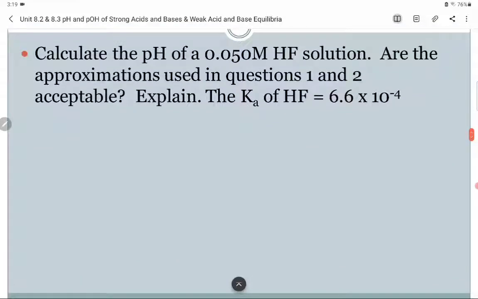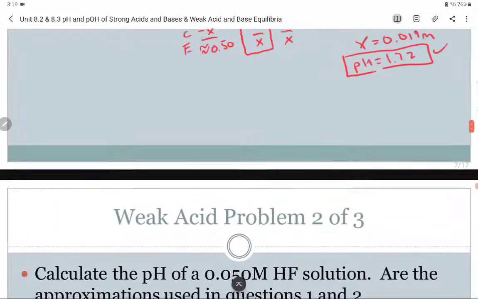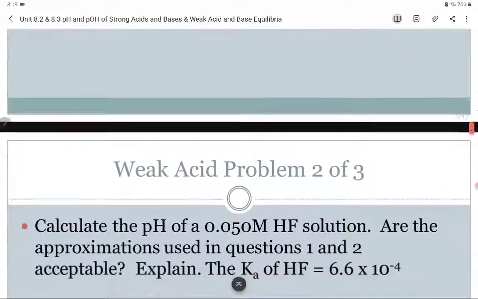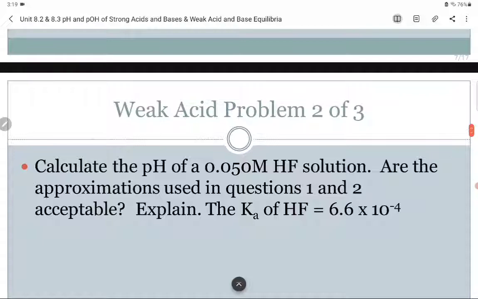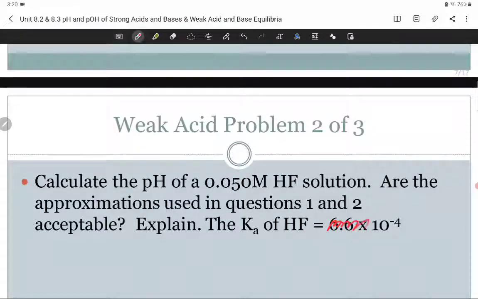Same item, different amounts this time. So same ICE table, everything is the same. What the heck here? I don't know why I put 6.6 there. We were using in the last slide that as our Ka value.